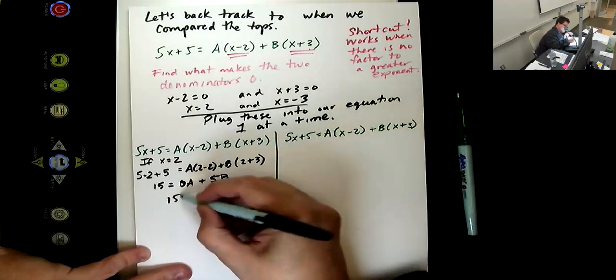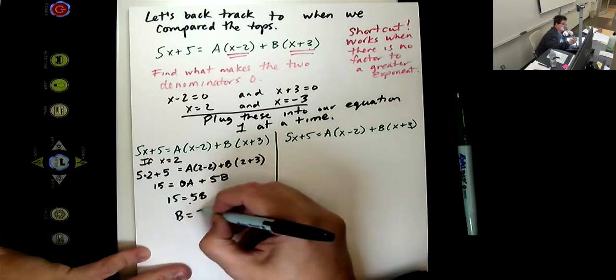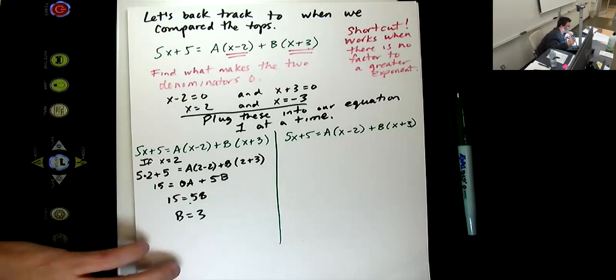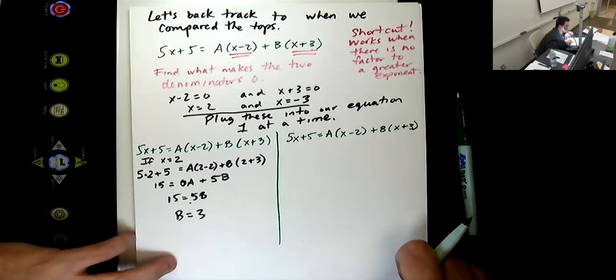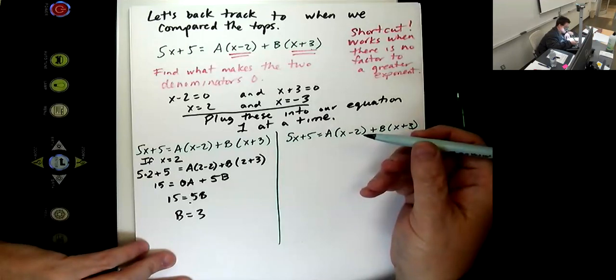So 15 equals 5b. B equals 3. And I didn't need a system of equations. I just took advantage of where the denominators were going to be 0. Does that make sense?